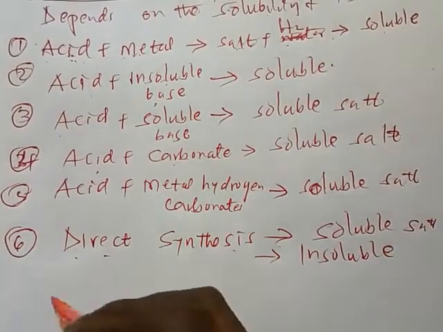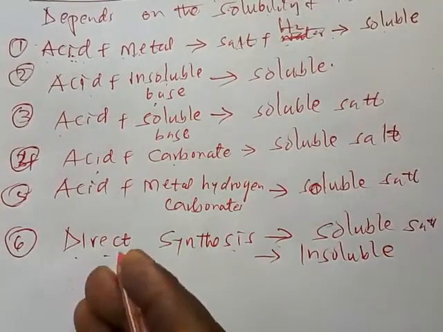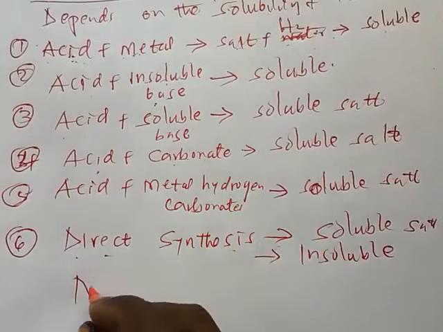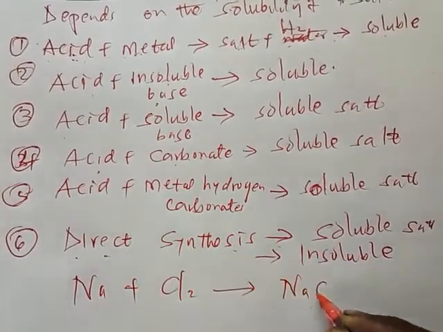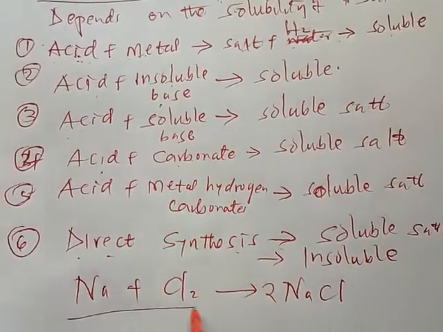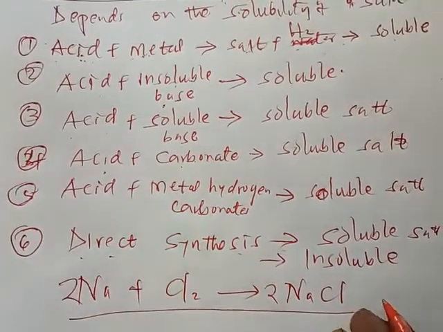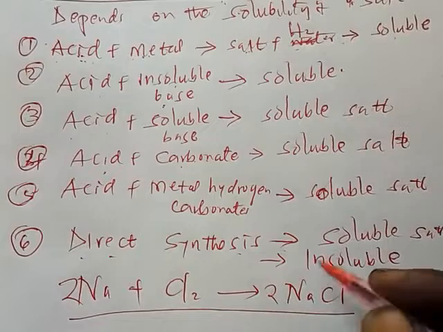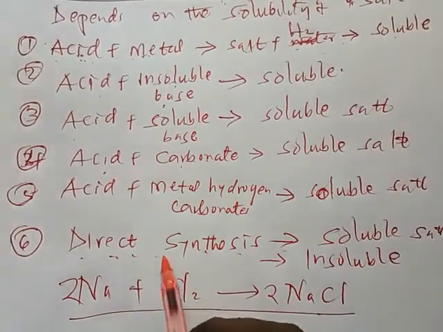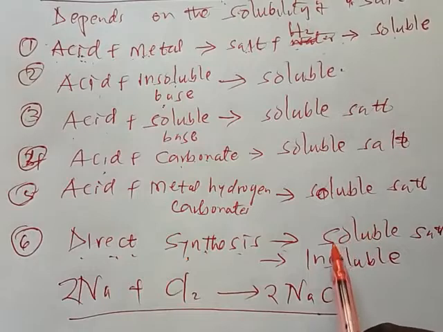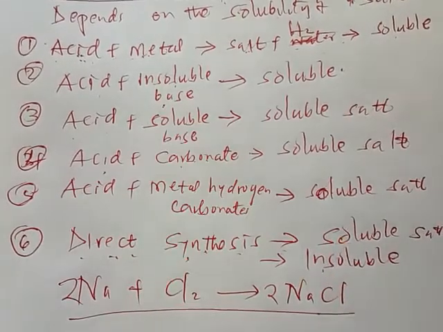Direct synthesis is the direct combination of elements. For example, a metal plus a non-metal, like sodium plus chlorine, will give us sodium chloride. So this one is soluble. It can also prepare insoluble salt. So direct combination of elements can prepare both soluble and insoluble salts.